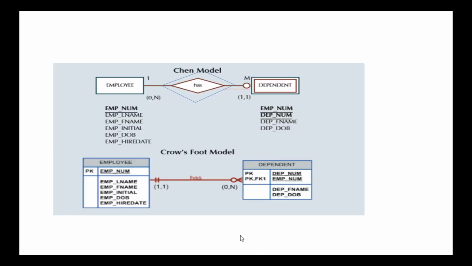There are two entities, employee and dependent. Employee is a strong entity which has a primary key to identify each and every record uniquely, and its existence does not depend on another entity's existence. It's an independent entity. The dependent is a weak entity, which is represented in a double-walled rectangle.